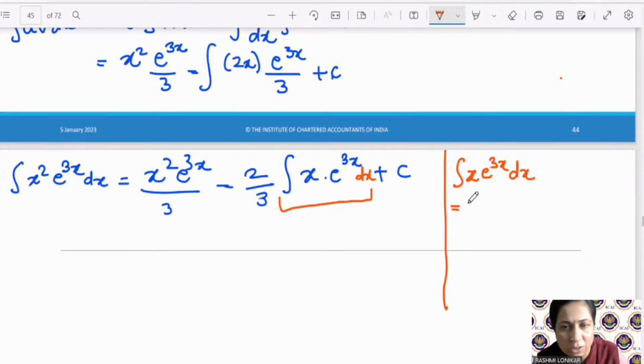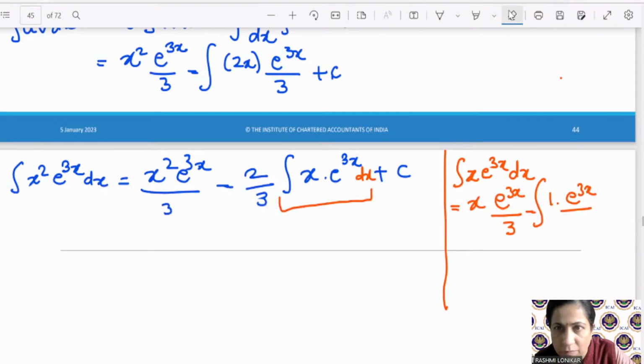This is first function x into integration of second function, that is e raised to 3x upon 3, minus derivative of first function. What is the derivative of x? It is 1, into integration of e raised to 3x, which is e raised to 3x upon 3, dx.